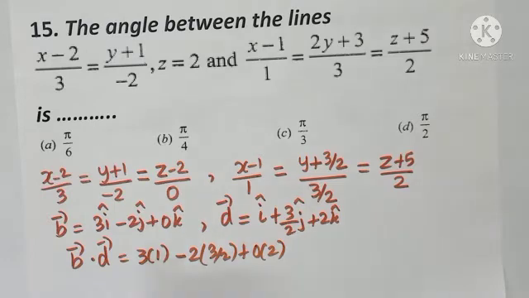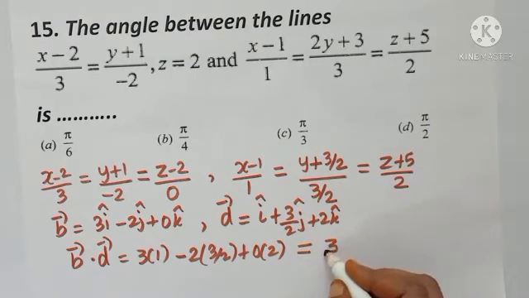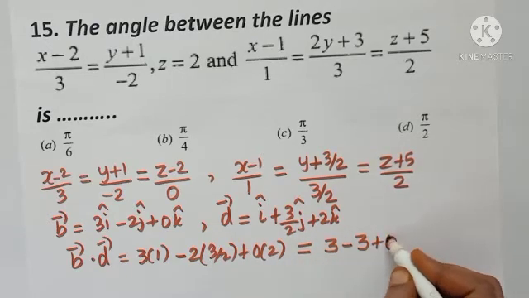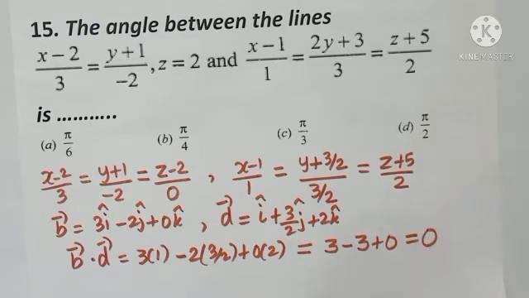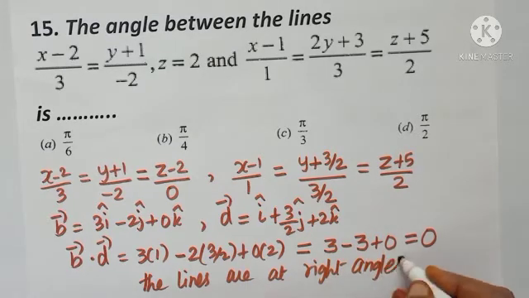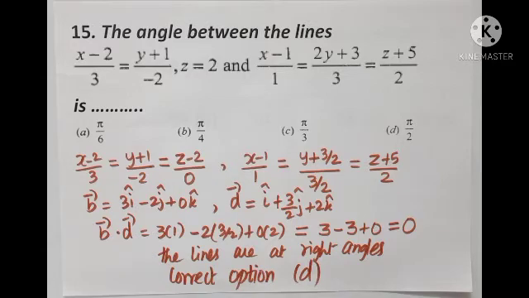How do we multiply? i and i, j and j, k and k. As I simplify, it is 3. 2 cancels, minus 3, 0 into 2, 0. So my answer is 0. Whenever dot product is 0, I will immediately say the lines are at right angles, or I will say the angle between them is pi by 2. So the correct option is D.